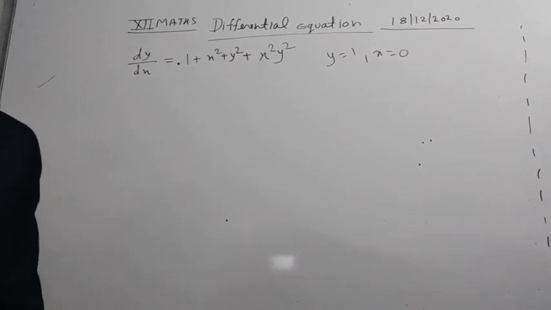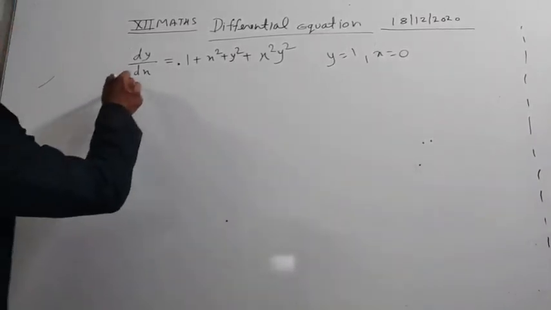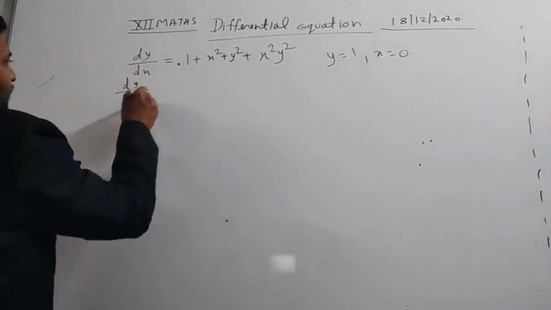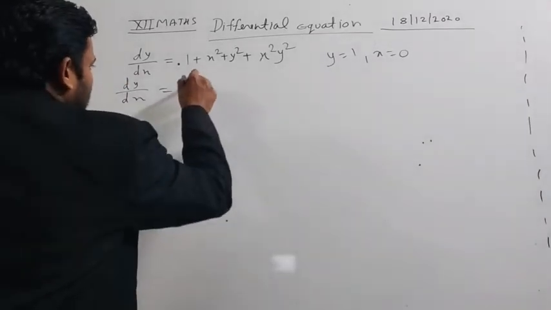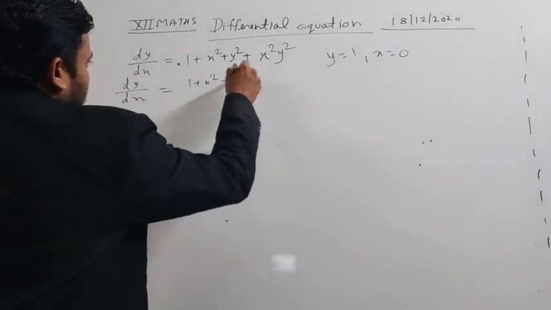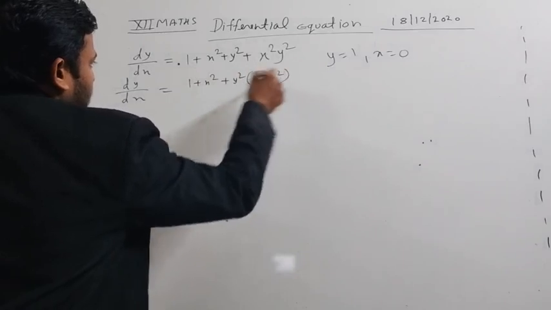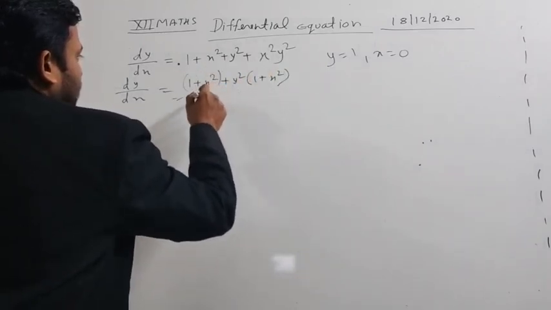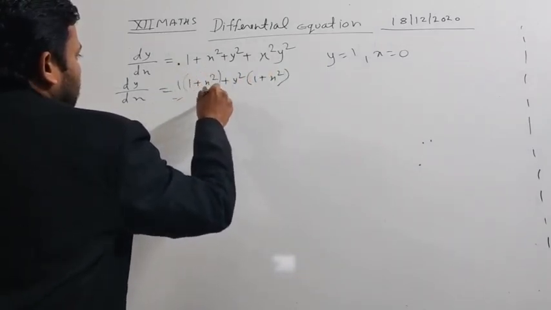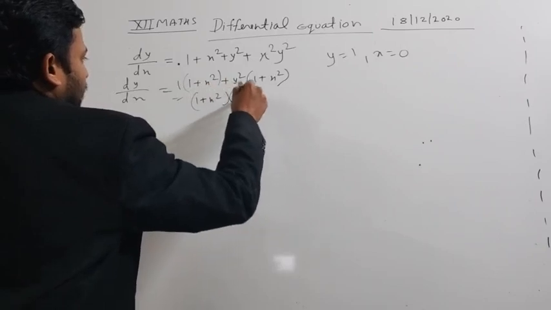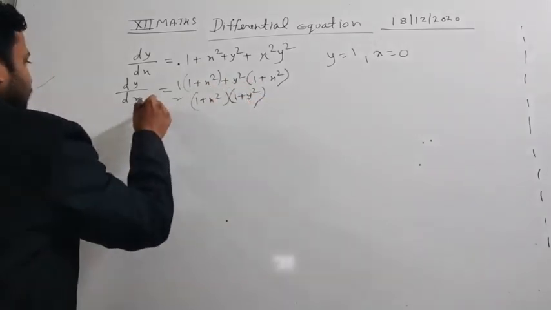So first we will factorize this. So we write dy by dx is equal to 1 plus x square plus y square, 1 plus x square, so 1 plus x square into 1 plus y square.